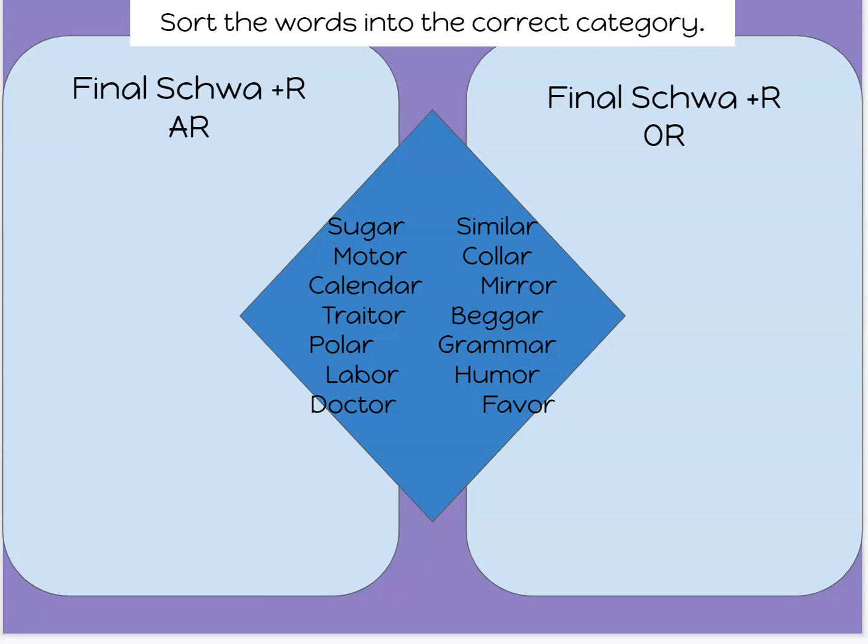And now we're throwing it in as a schwa, so it sounds like "er." So if, for example, we look at labor, okay, and we hear the "er" at the end, labor, polar, beggar, it doesn't matter how it's spelled, we're using that schwa sound to make the "er" at the end, similar, okay.